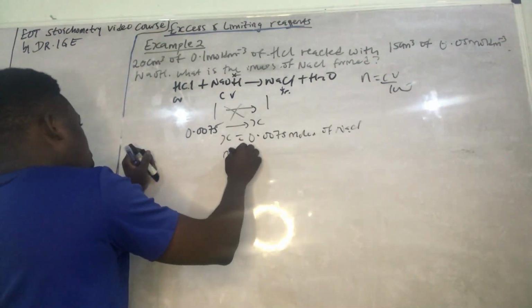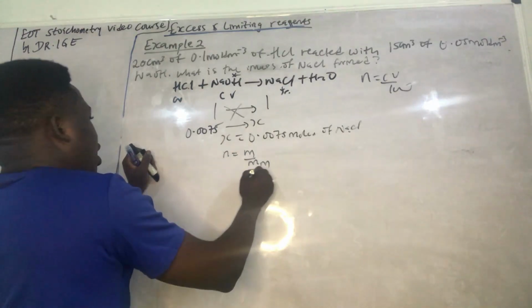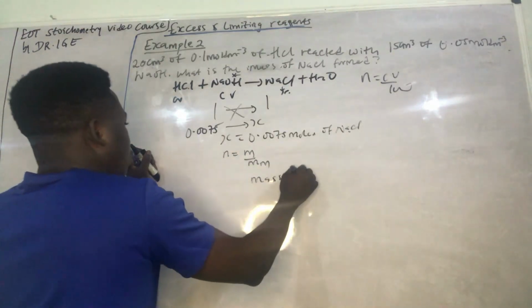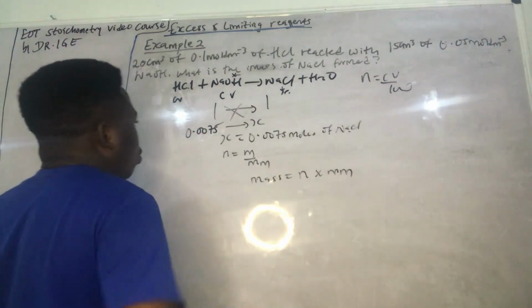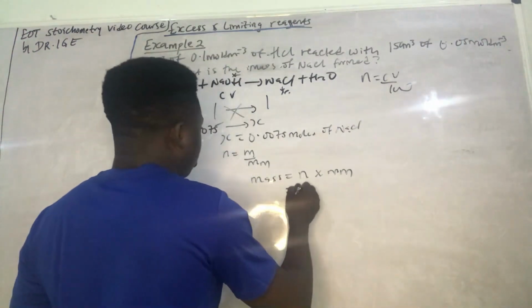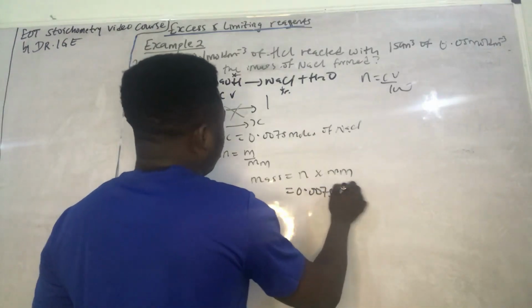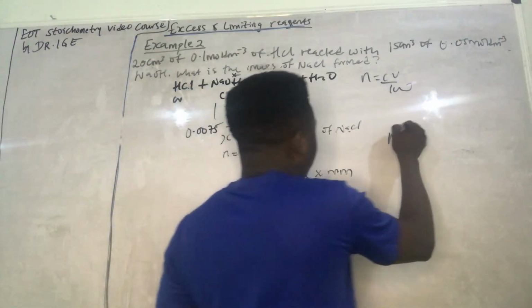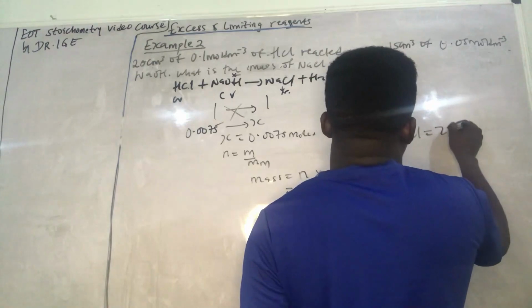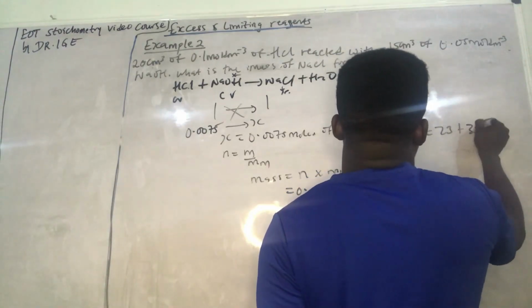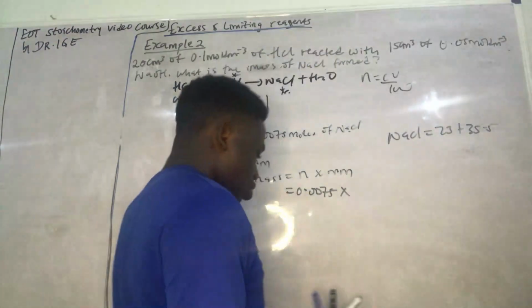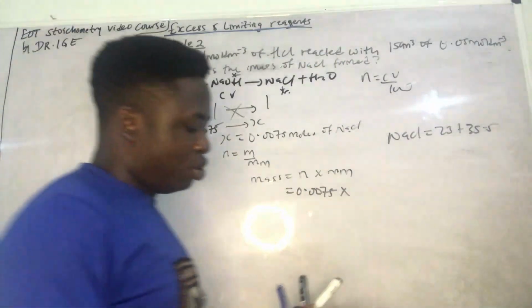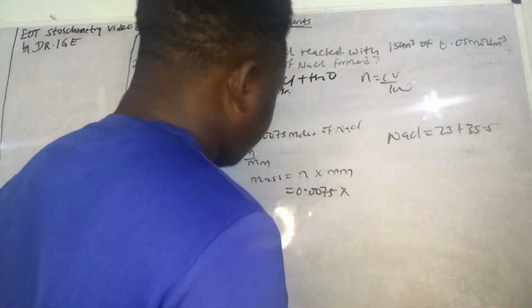Remember that number of moles equals mass over molar mass, and that mass is equal to number of moles times molar mass. What is the number of moles here? 0.0075. What is the molar mass of sodium chloride? 23 plus 35.5, that is 58.5.